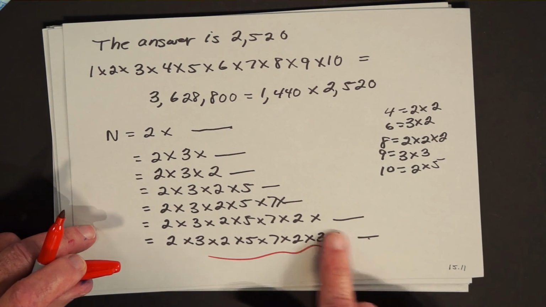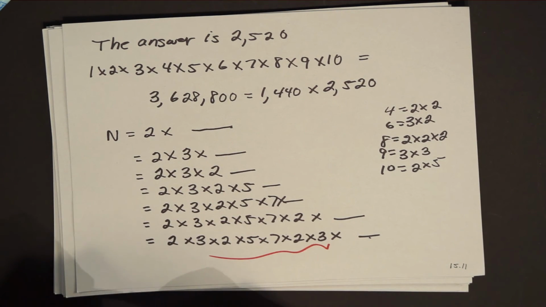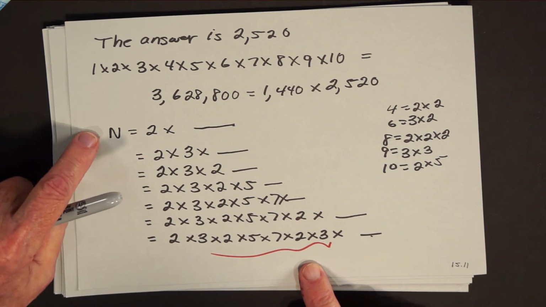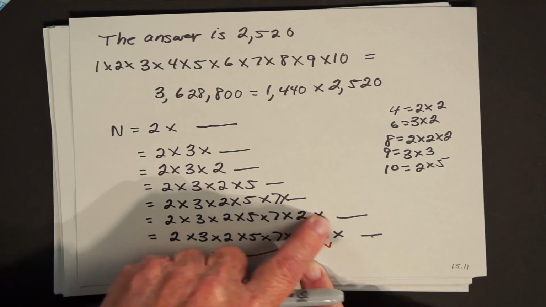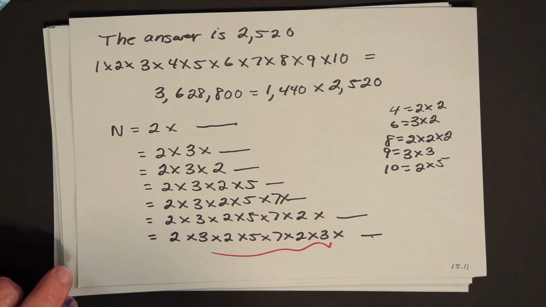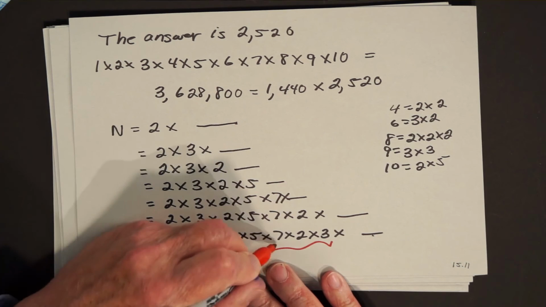And by the way, another beautiful thing about breaking numbers down into prime factors is I can tell just by looking what all the other factors of this number are. Suppose a person says, is 2,520 divisible by 14? Well, what does 14 break down into? 2 times 7.